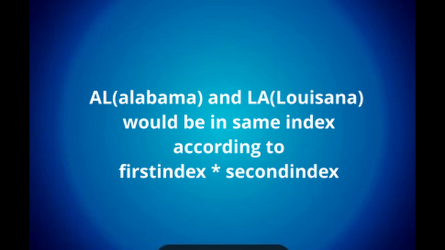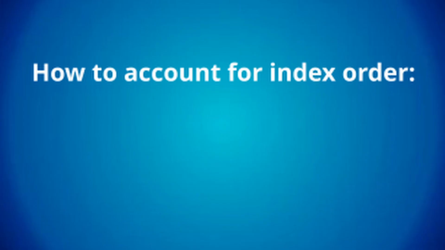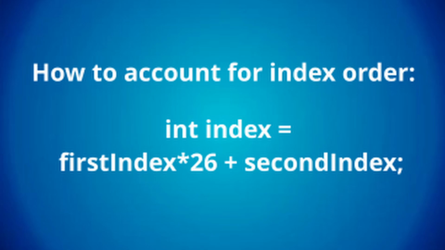And this is a collision. Two values can't be placed in the same place, hence there could only be one. To count the order in an abbreviation, we must make the function not commutative by multiplying the first index by 26, then adding the second index.